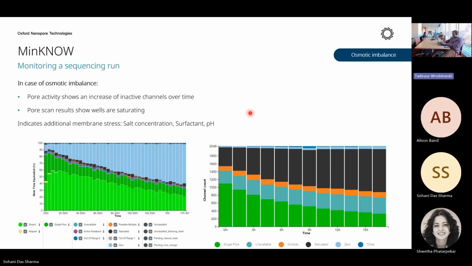In this case also, because the salt is coming out of the sample, the suggestion would be to purify the sample more. So if there is any kind of osmotic imbalance happening because of contaminants, you would see this kind of phenomenon.